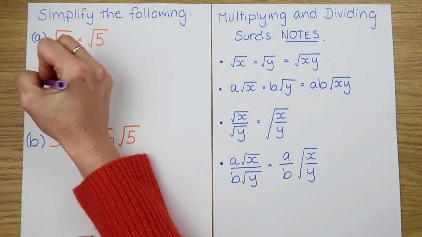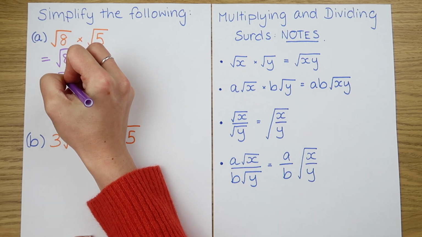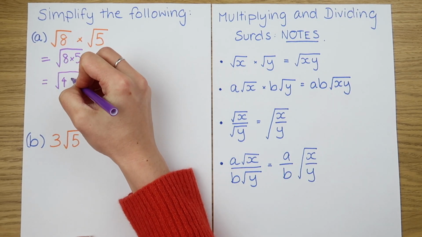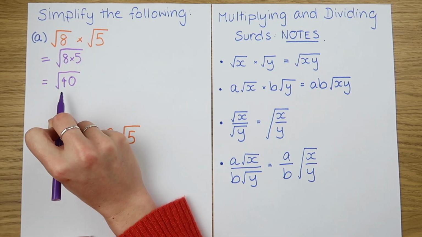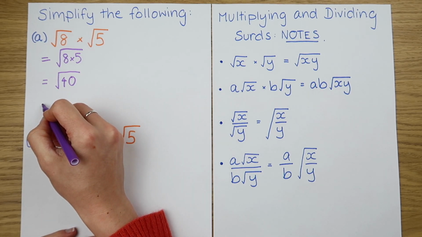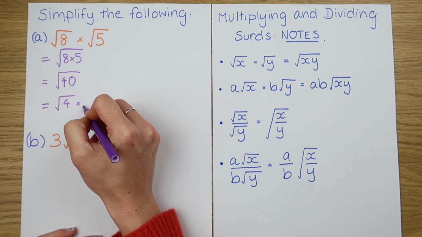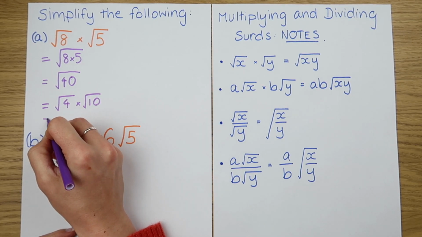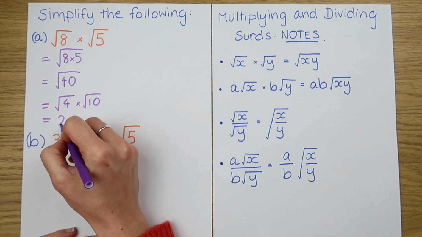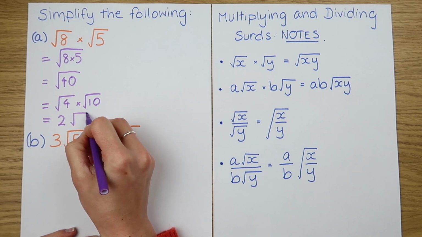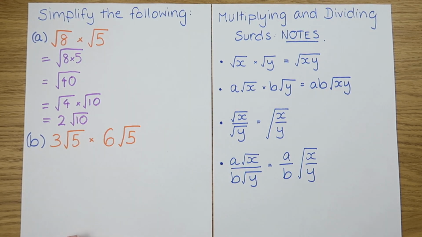Now let's go ahead and simplify that. So that will become the square root of 40. And I can simplify that further by taking 4 out as the squared factor, like I've shown in previous videos, leaving my answer as 2 square root of 10.